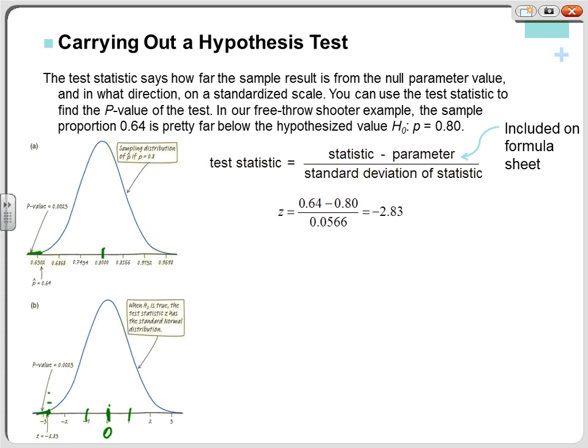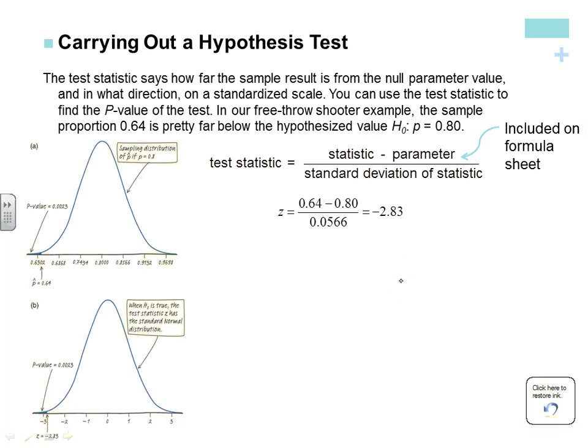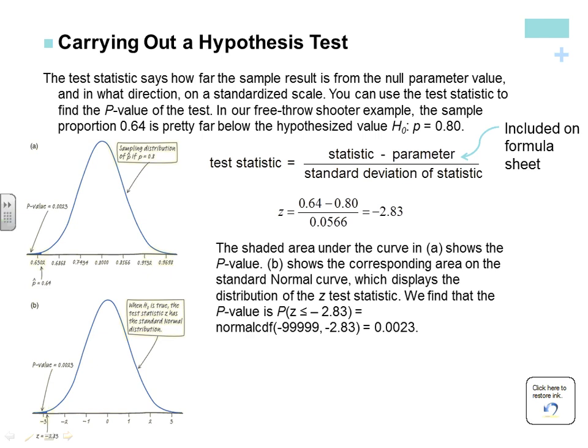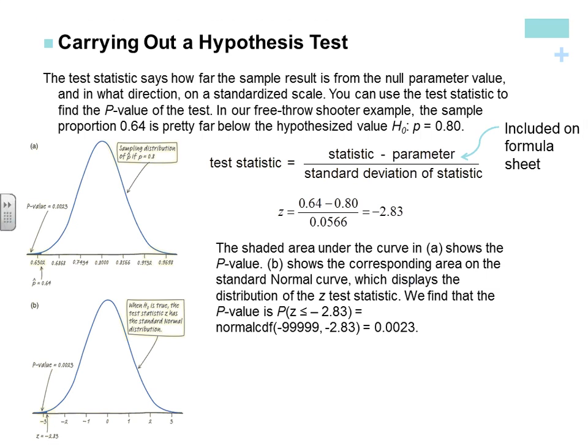Those would fall in the same spots on that density curve if you wanted to put it in a standardized density curve. So that shaded area we could find by doing the p-value, which is the probability that z is less than or equal to negative 2.83.